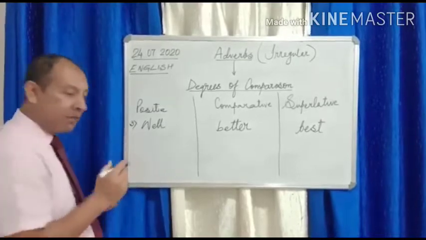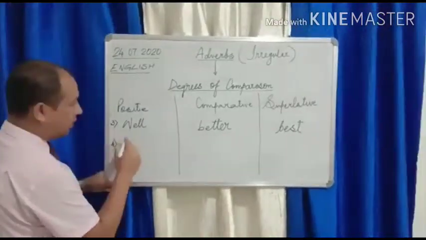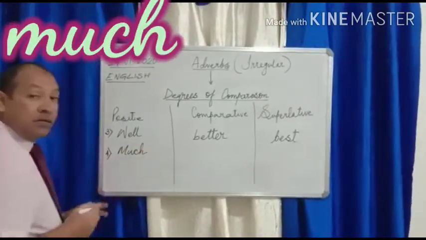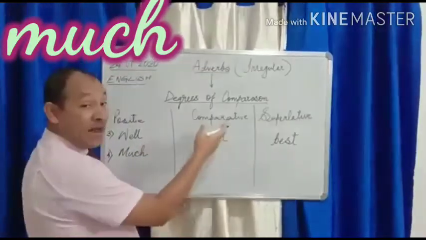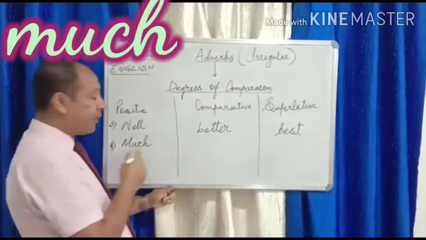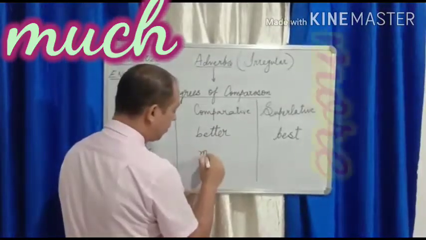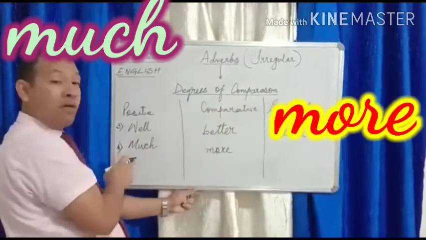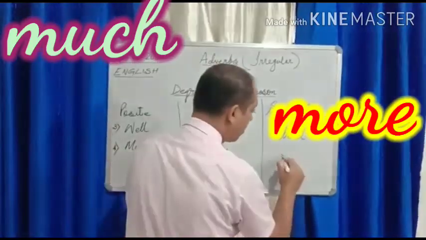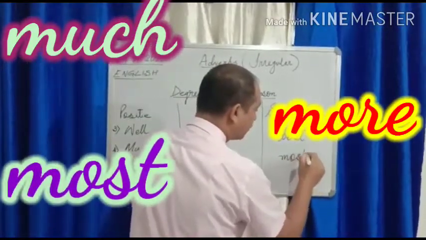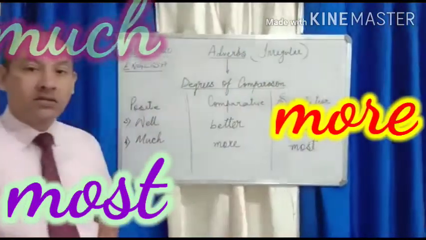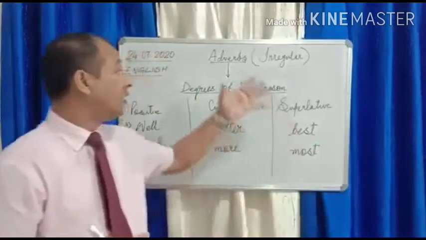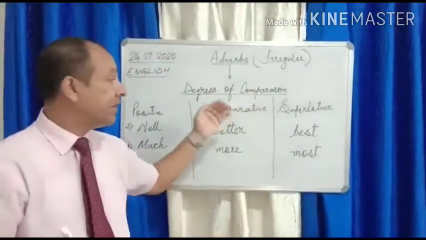Look at the last example, number 4. Much, to make it a comparative form of much, becomes more, and the superlative form of much will become most.